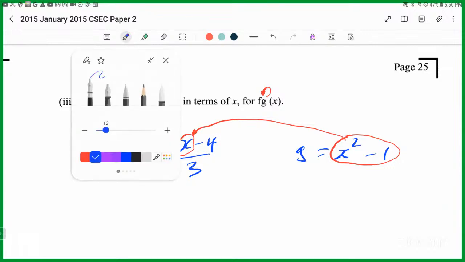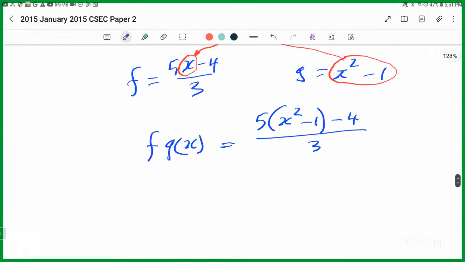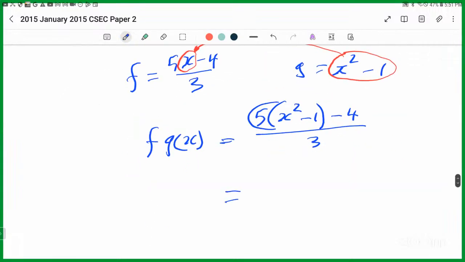So the f of g of x will be constructed as 5 times all of the g, which is x squared minus 1, minus this 4, divided by 3. Let's just simplify it. 5 times this x squared is 5x squared. 5 times this 1 is minus 5. And then minus 4 makes minus 9, all over 3. And that is it. That's the answer.